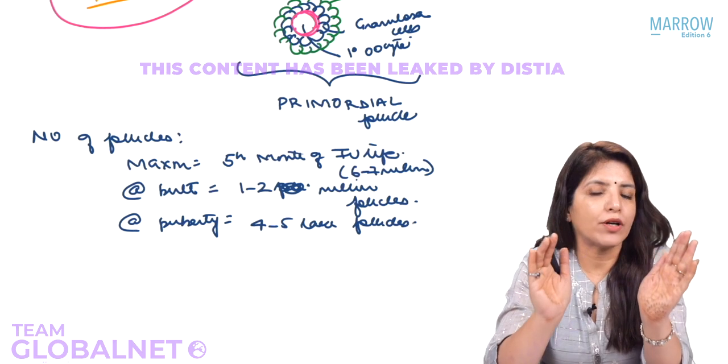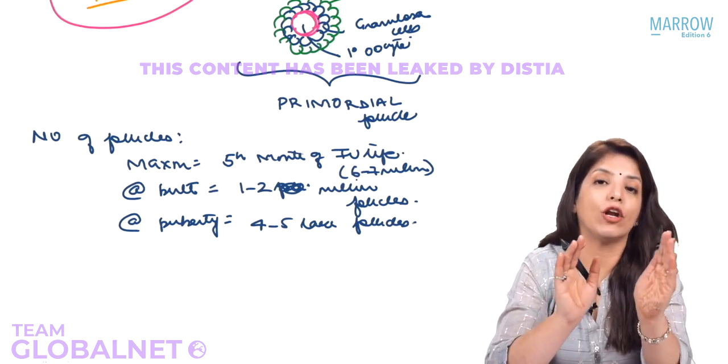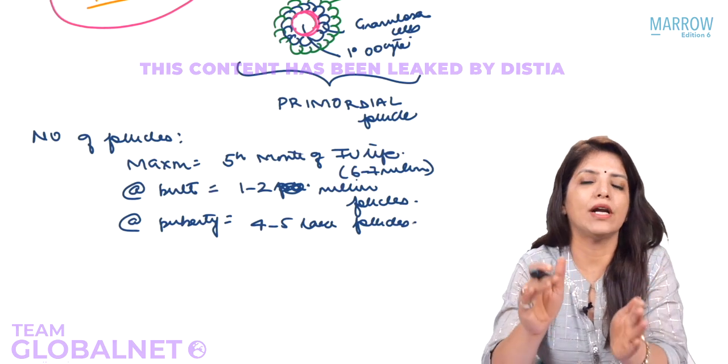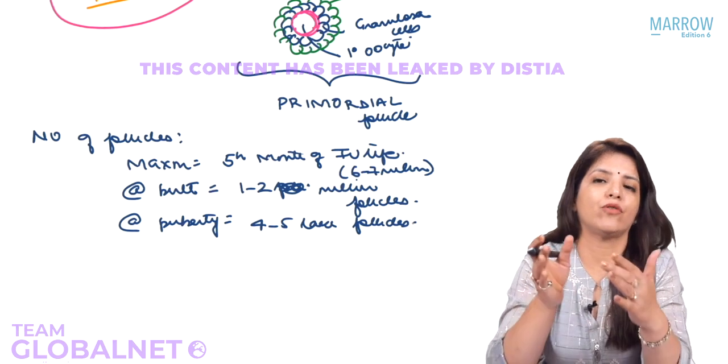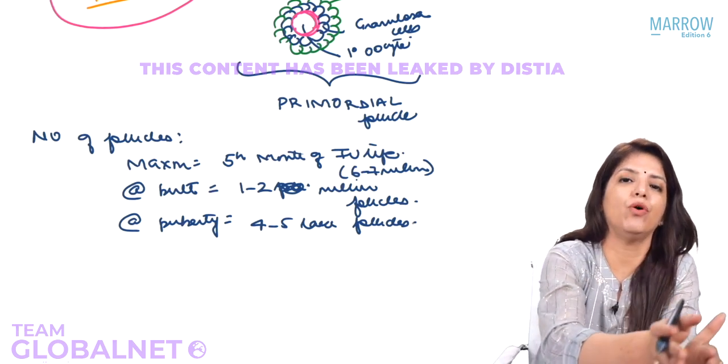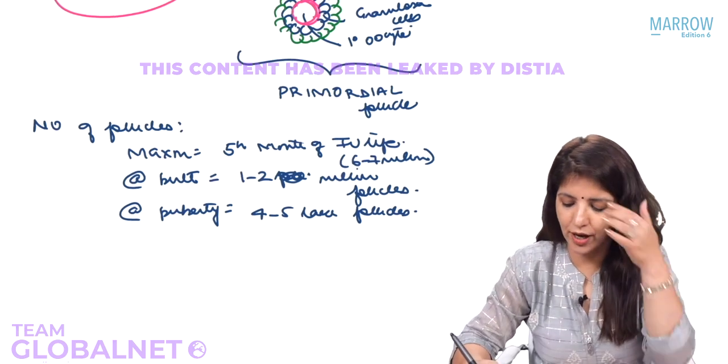So one very important line which you have to remember is that the initial recruitment of follicles is hormone independent. No hormone decides which follicles are going to undergo atresia or apoptosis, right? And this was a PGI question.